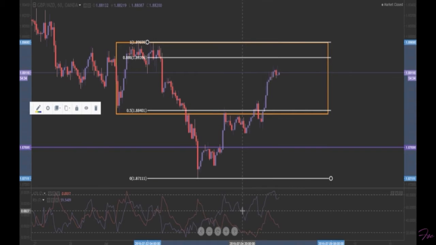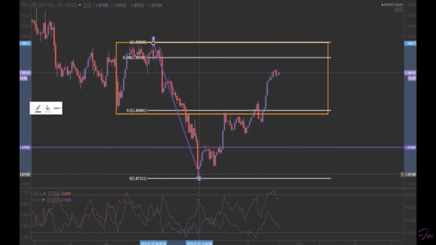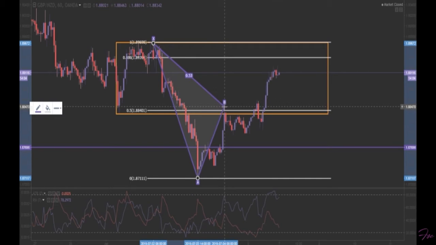Now you can clearly see that my 50% ratio does get hit, which puts me on a bat alert. You've got your X leg up here, X to A. Okay, you get your A to B leg, which is the 50%. You get a pullback, and then your D completion is at the 88.6. There you go, 88.6 is your D completion.